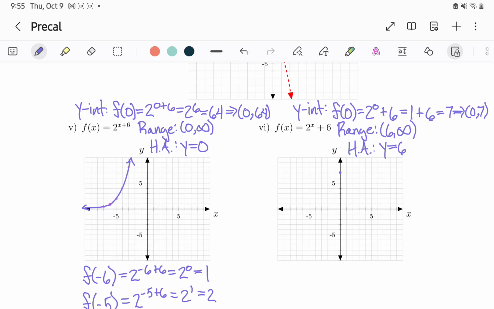And then f of 1 is going to equal 2 to the 1 plus 6, so it's going to equal 2 plus 6, in other words, 8. So our graph goes through the point 1, 8 right there. And then f of 2 is going to equal 2 squared plus 6, so 4 plus 6, or 10. So it's going to go through the point 2, 10 right there.